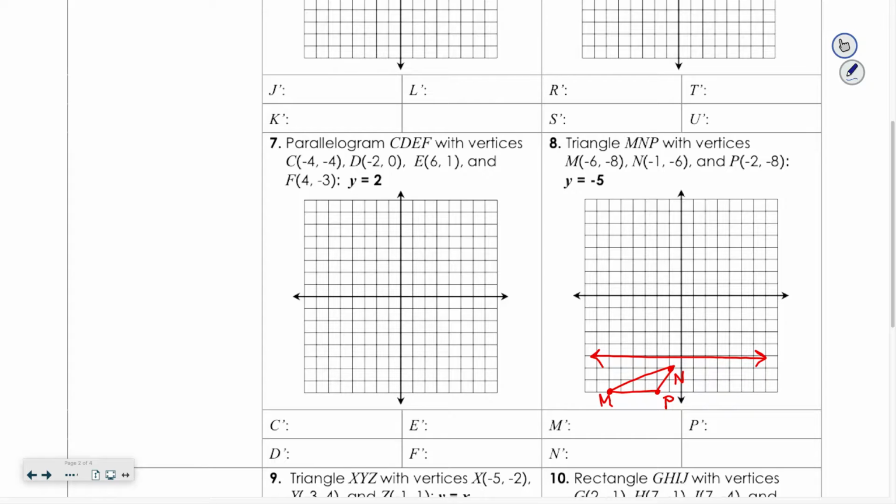We do not care about the axis. Okay, it's irrelevant here. We are counting from the line. So how many spaces from the line is M? 3. So that means we have to go 3 this way, and that's M prime.